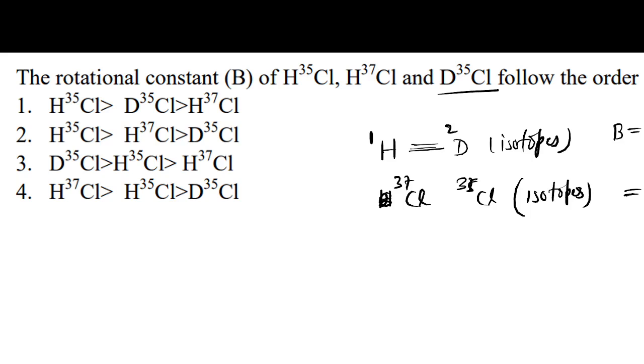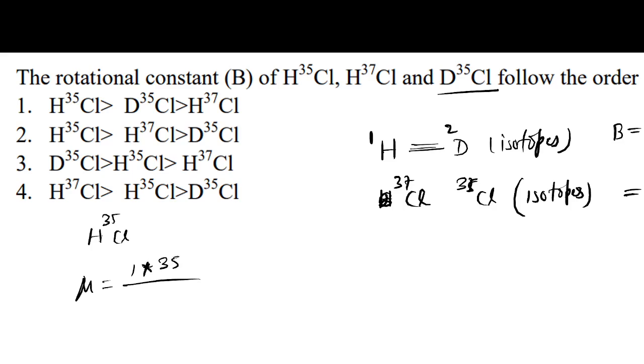One number, sir. Are you sure? Yes, sir. No, it can't be one. Okay, I will try to calculate. See, if you write here 1 multiplied by 35, divided by 1 plus 35.